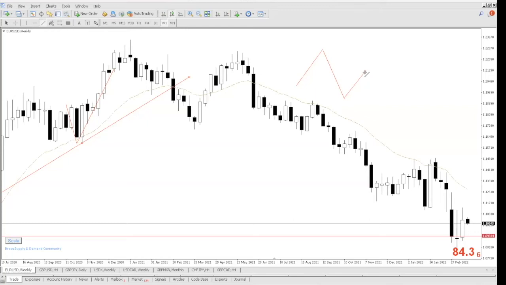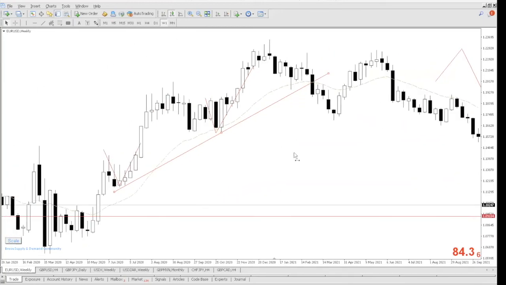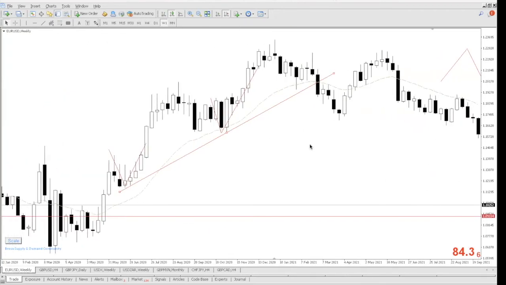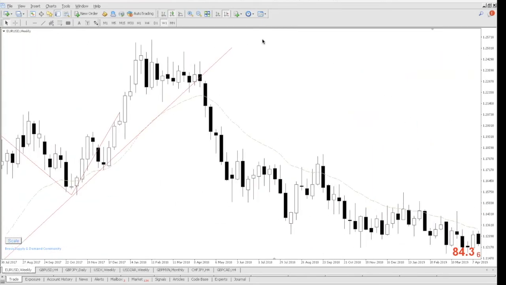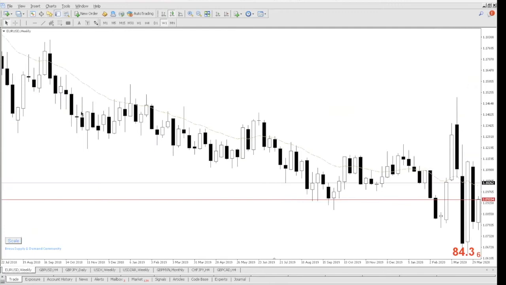Or you can call it a mountain. Let's see if we can find any mountains in our charts. Usually when the price is going down, it forms mountains. Let's see.